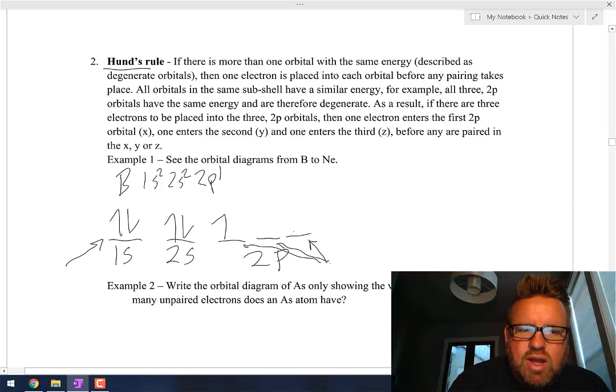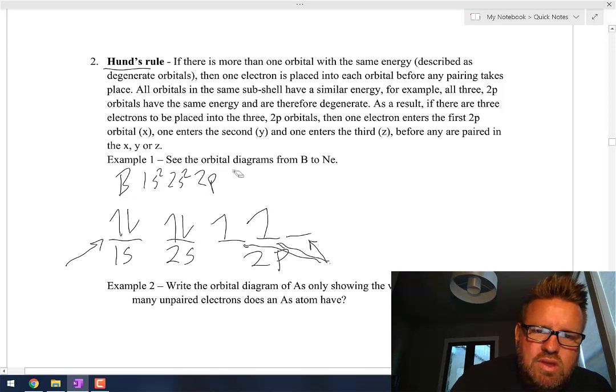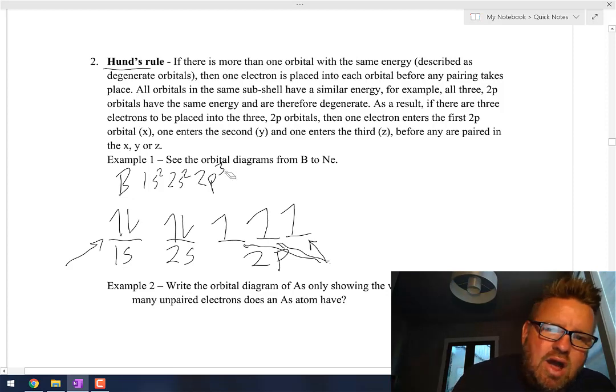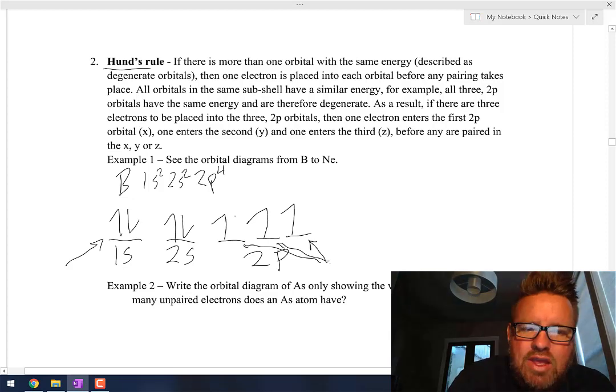So boron looks like this, okay, and then you've got carbon. So carbon, because carbon's 2p2, looks like that. And then nitrogen is 2p3, so nitrogen looks like this. Now that we get to oxygen, oxygen is 2p4. Now you start making pairs.